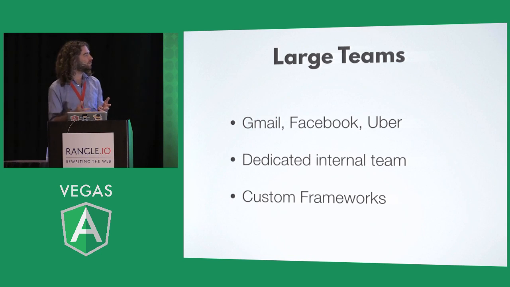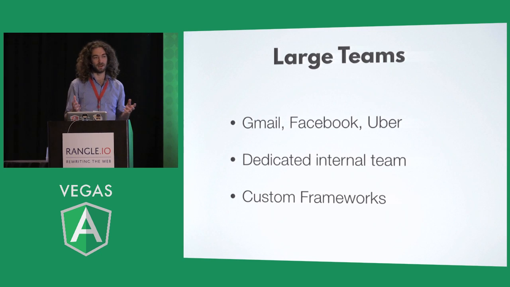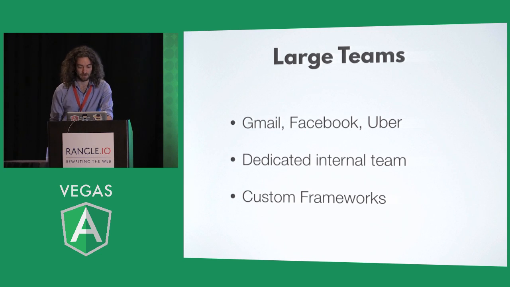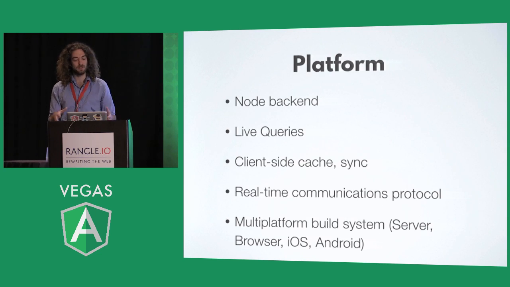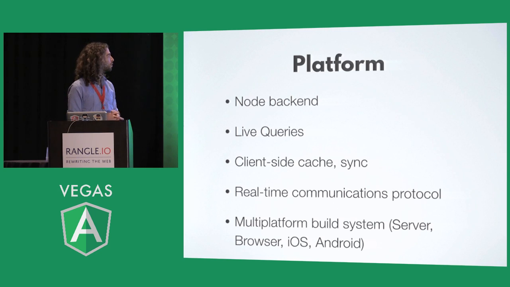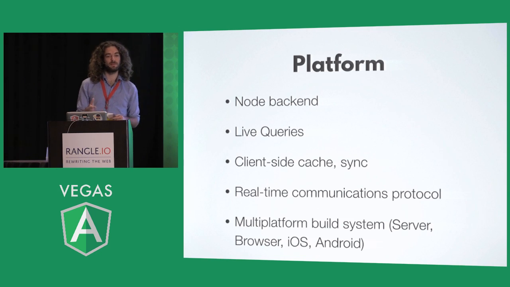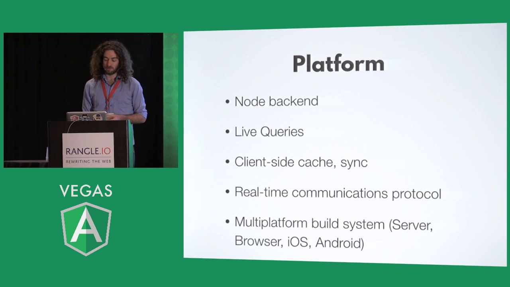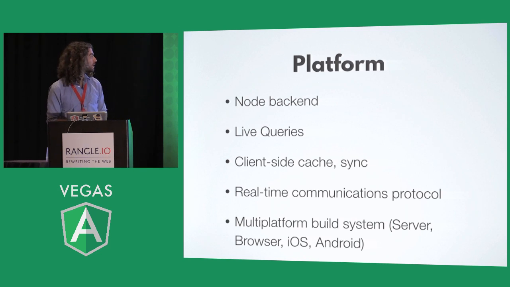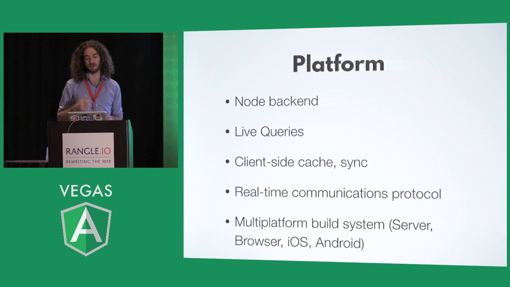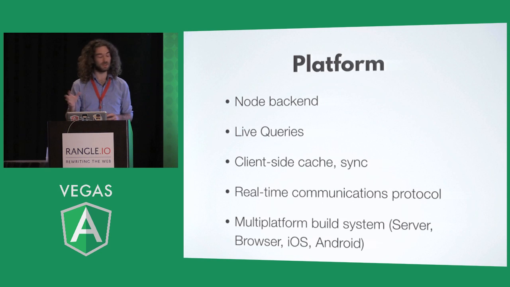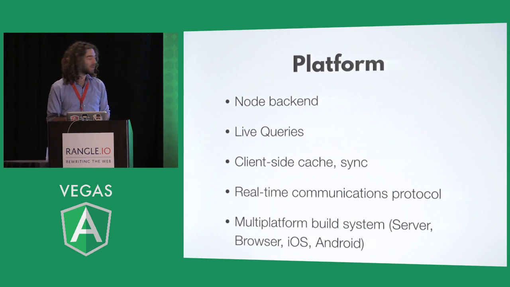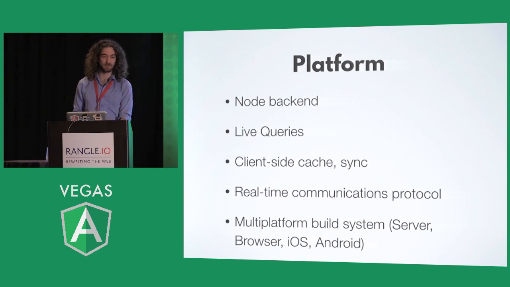And let's say I'm writing a draft on Gmail, it doesn't matter if I'm offline now, I just write the Gmail, I can type as fast as I can, and it will sync later on. So it's just a platform on top of Node, but it's introducing new stuff that is actually already used by large teams like Gmail: live queries, client-side caching and syncing, a real-time communication protocol, and a multi-platform build system, so you can build for server and browser and mobile.